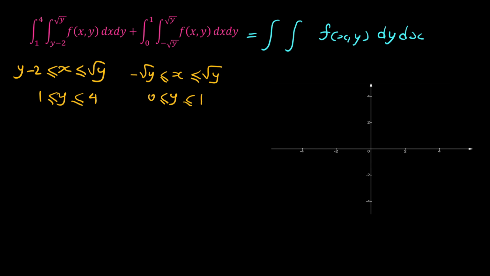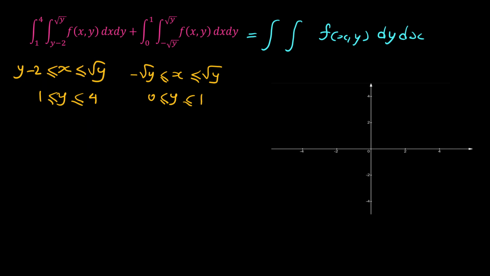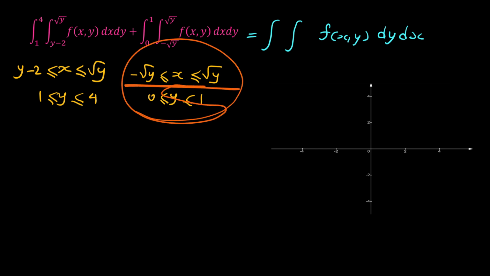So, as usual, first we have to sketch a graph for the region. Please pay attention that here we have two equations. x is between y minus 2 and radical y. We have to graph x equals y minus 2 and x equals radical y, and y is from 1 to 4. And also, in this region, we have x between negative radical y and radical y, and y between 0 and 1.